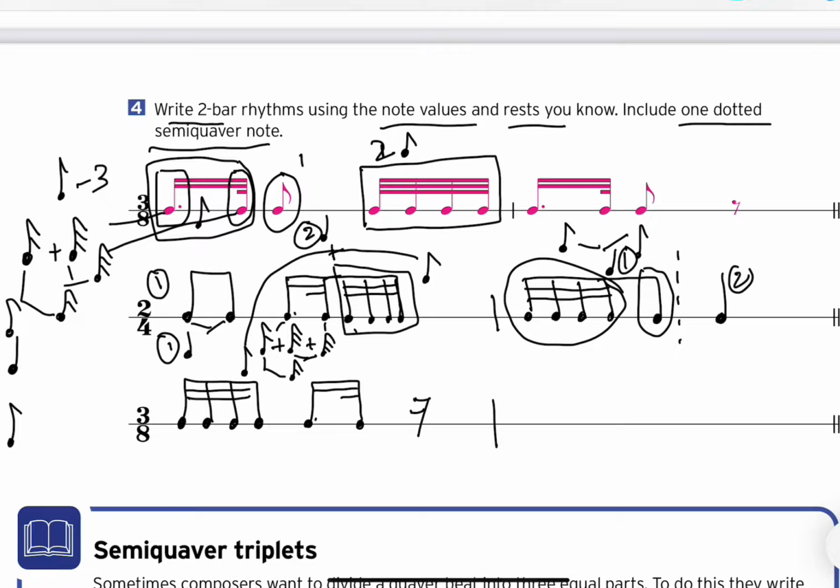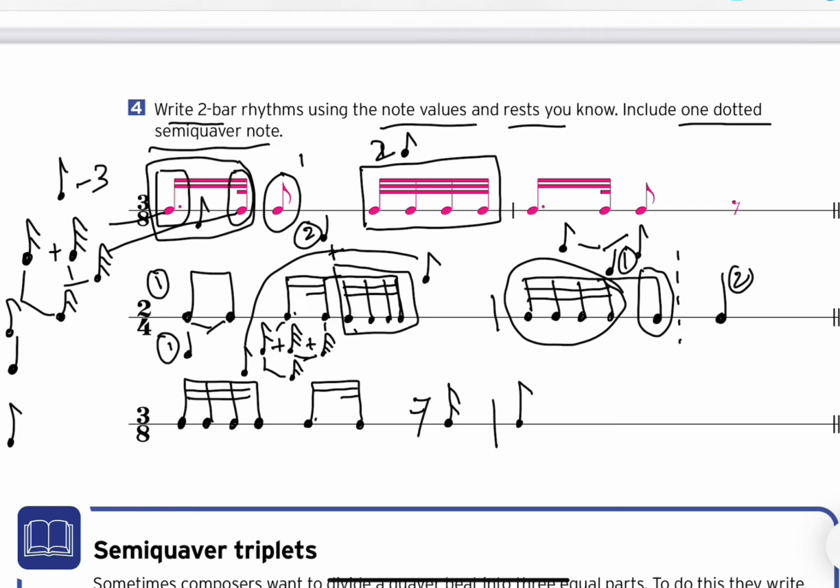Okay, now after that, then we add a note of semiquaver with this. So got it? Okay, now let's do the second bar. In the second bar, let's start with, let's say, one eighth note.